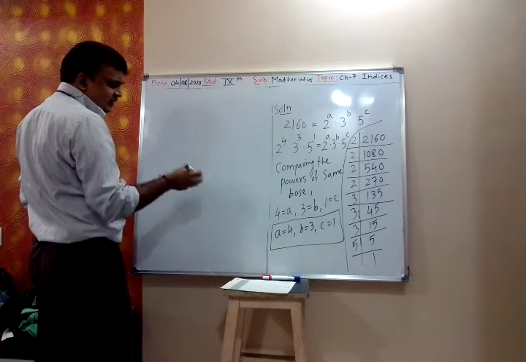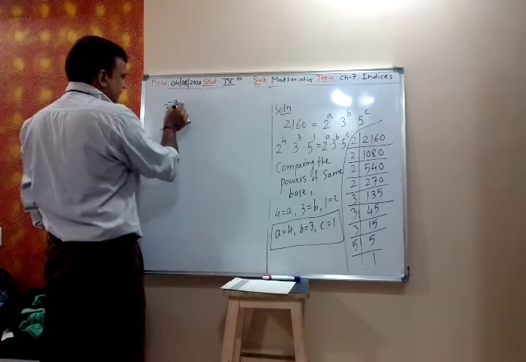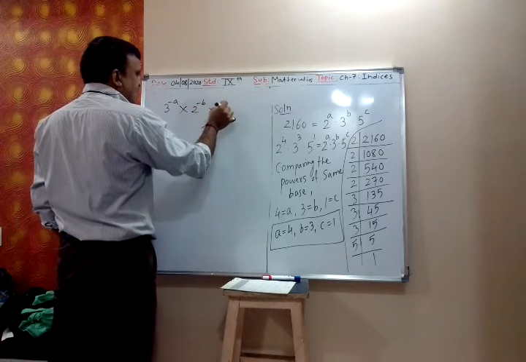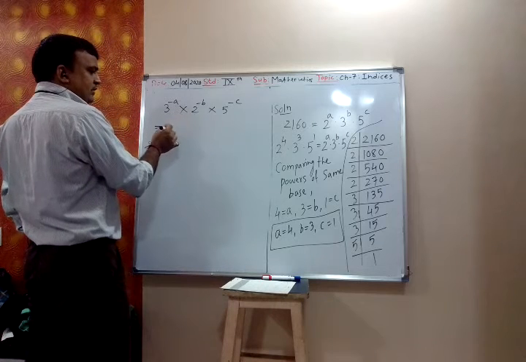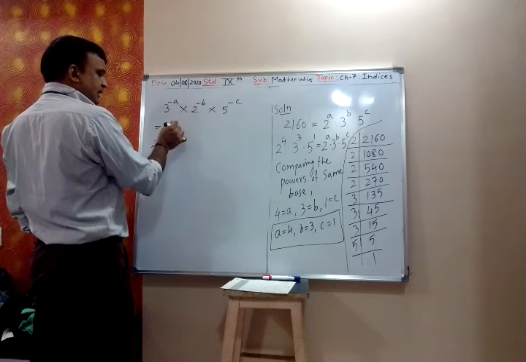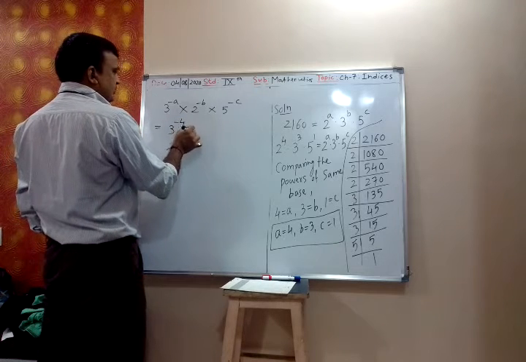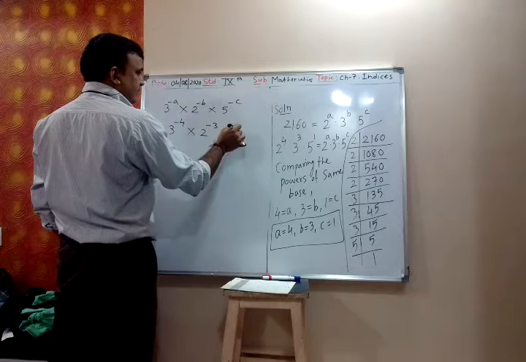After finding the values of a, b, c, you have to find the value of 3 raised to minus a into 2 raised to minus b into 5 raised to minus c. This value we have to find, no? So 3 raised to minus a, put the value: a is 4, so 3 raised to minus 4, into 2 raised to minus 3, into 5 raised to minus 1.